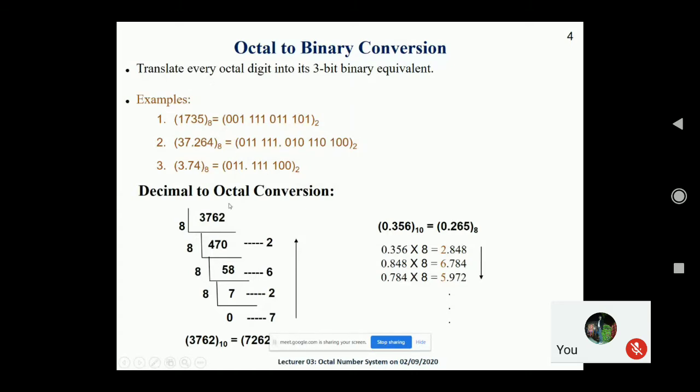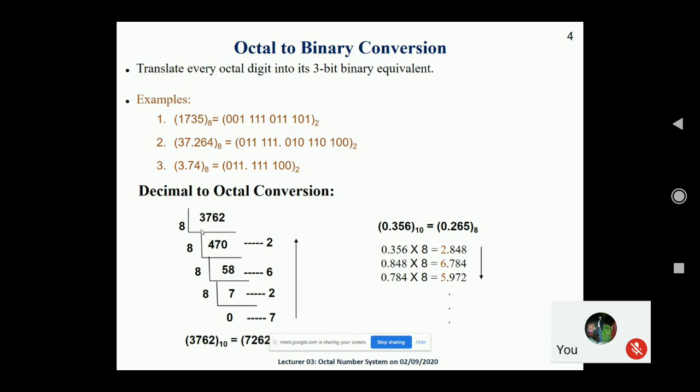Now, when converting decimal to octal, we use a similar rule to decimal to binary conversion, but the difference is that we divide by the base 8, because the octal radix is 8.